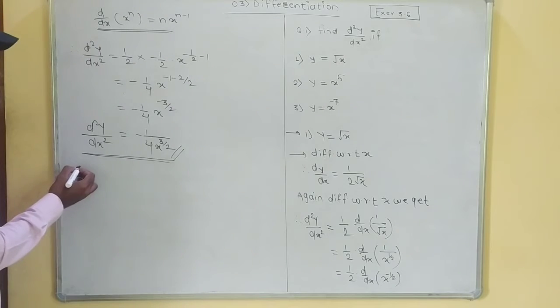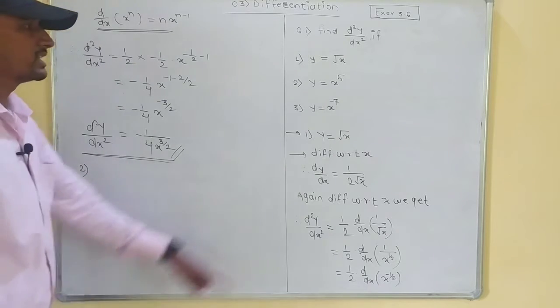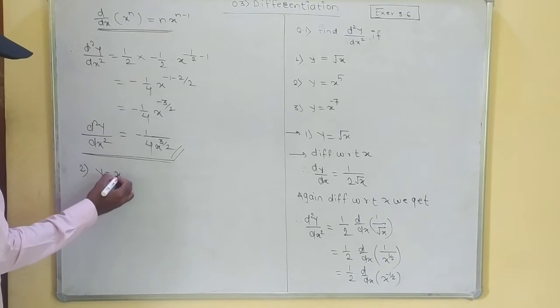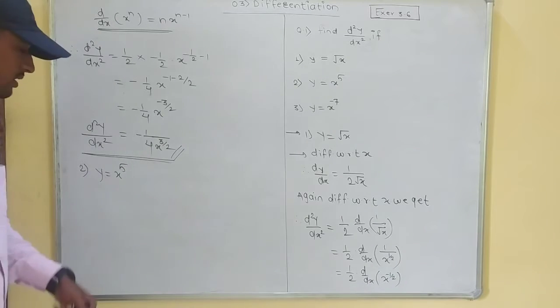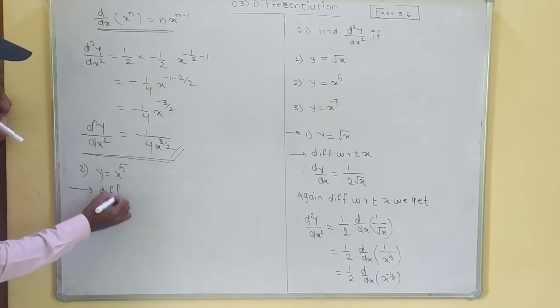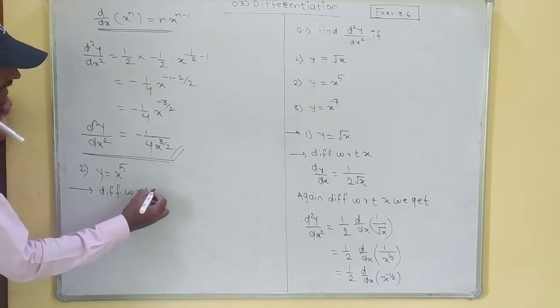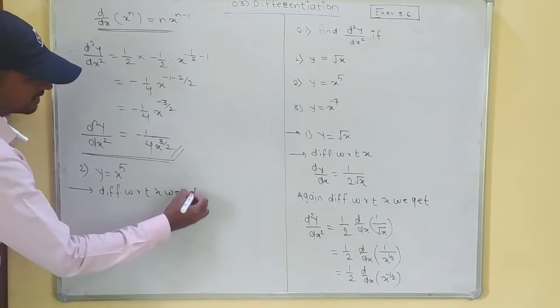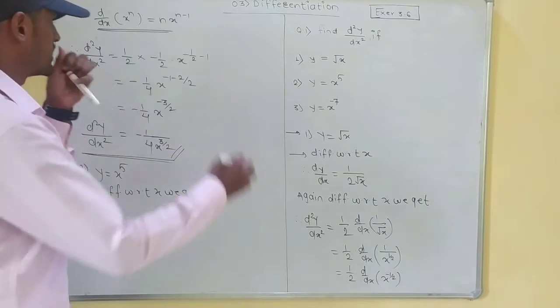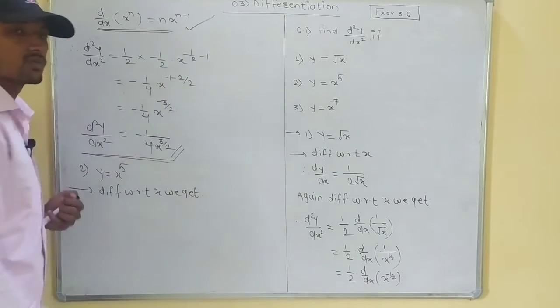Next, second question, y is equal to x raised to 5. First of all, the first derivative. Write down here, differentiate with respect to x we get, and we know about the derivative of x raised to n. The formula is n into x raised to n minus 1.